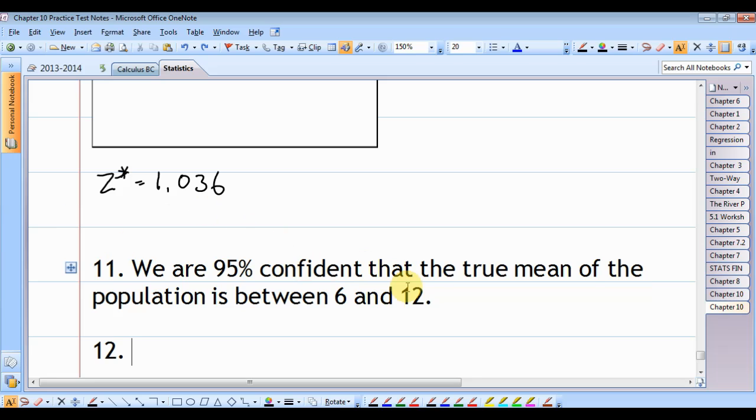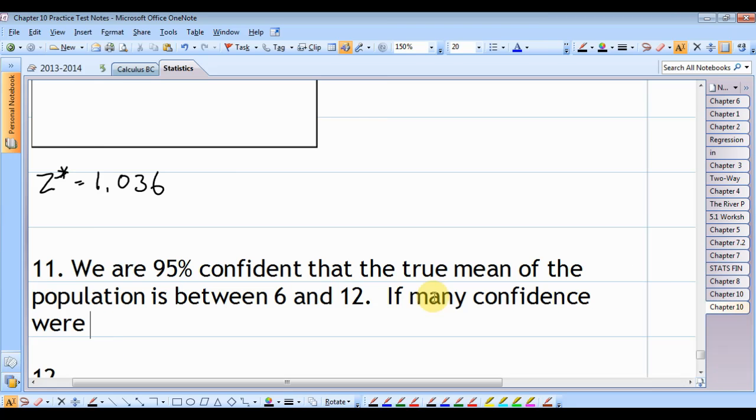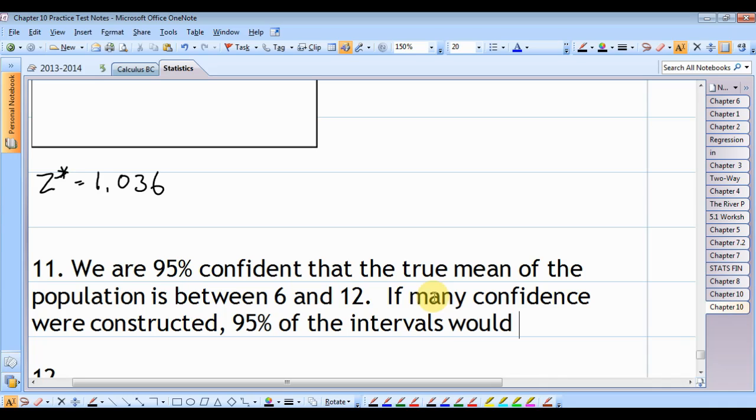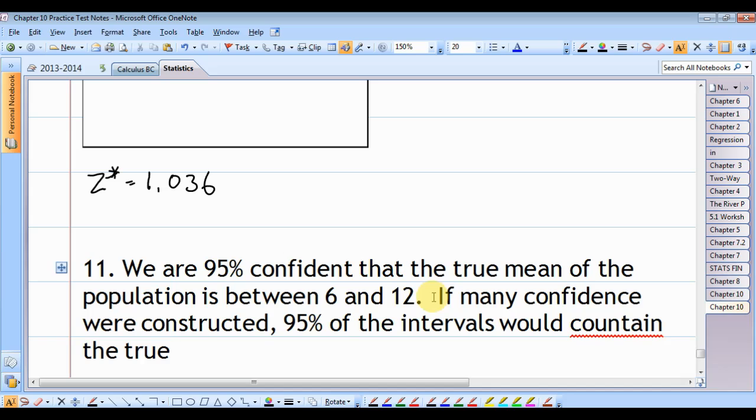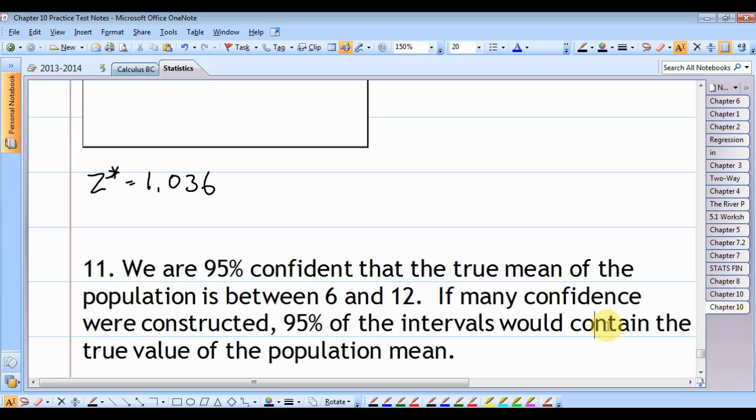We could have just as likely said that if the sampling procedure, or if many confidence intervals were constructed, 95% of these intervals would contain the true value of the population mean. So conclude and interpret, so either one of those two.